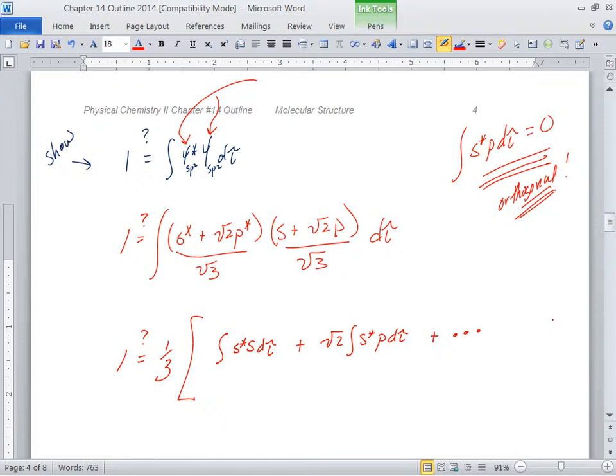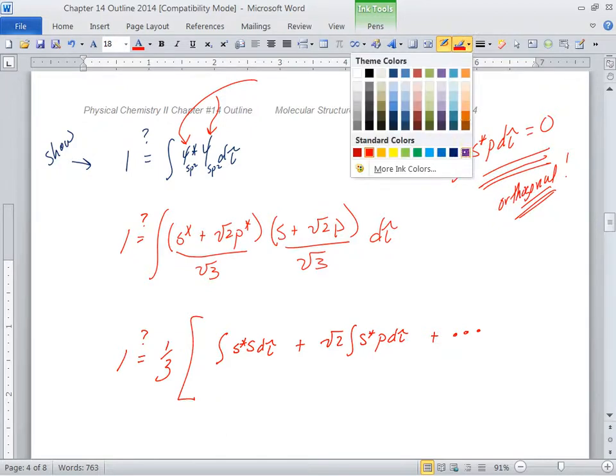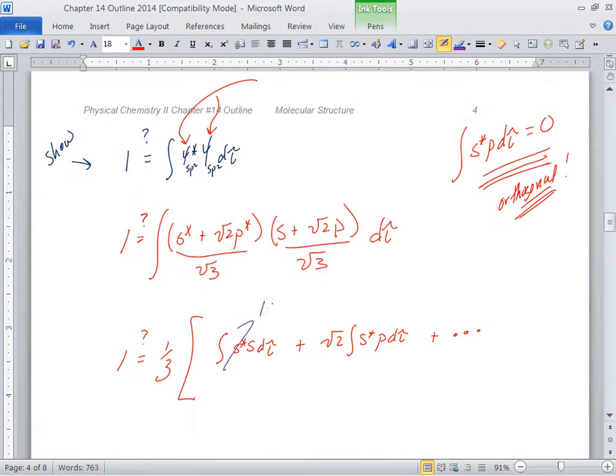There's 1. That guy's 0. But the square root of 2 you didn't pull out? Yeah, but it's times 0 anyway, so you don't care. It looks easy if you pull out the square root of 2, because then it's easier to see S star P.